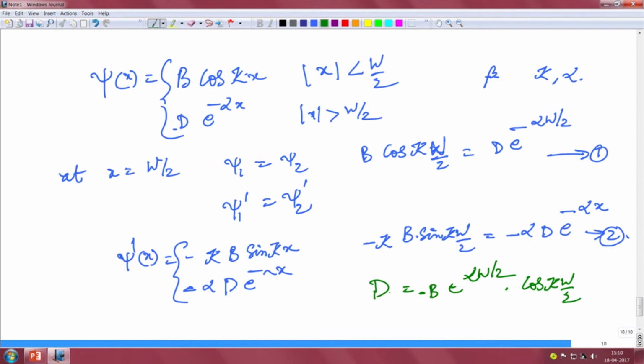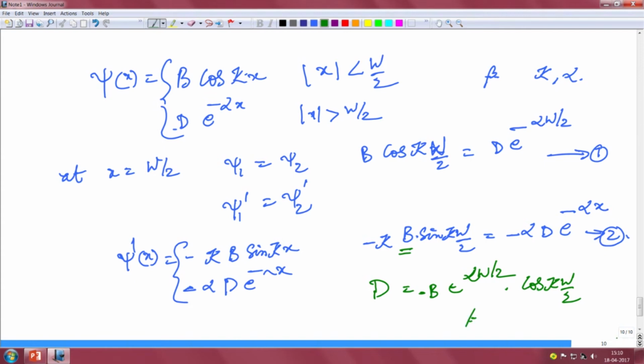We can use the second equation along with the first equation to eliminate the other arbitrary constant b, but one of our intentions is to find the beta which is embedded inside the alpha and k. So, instead of eliminating the arbitrary constant, we will use it to find out the expression for the beta.